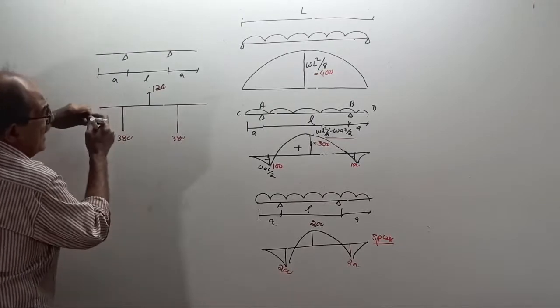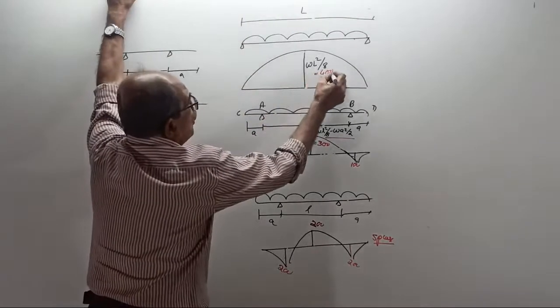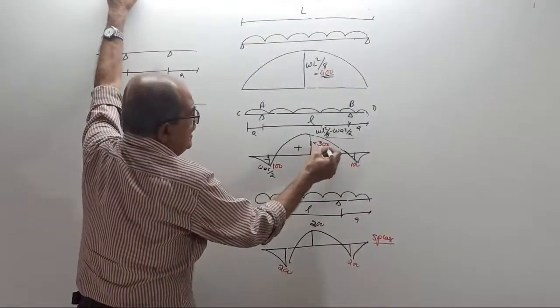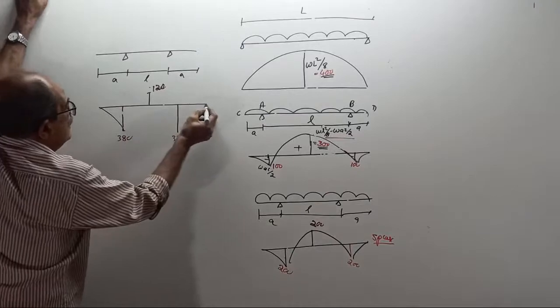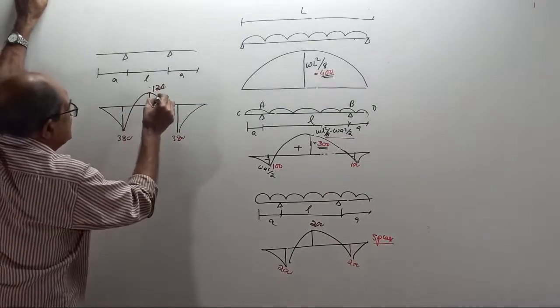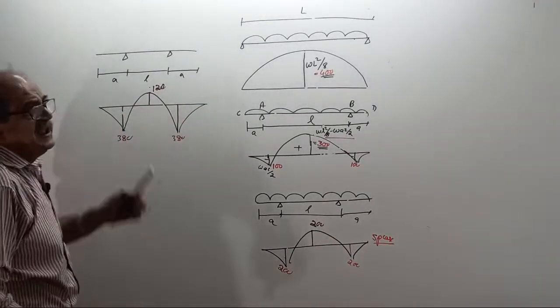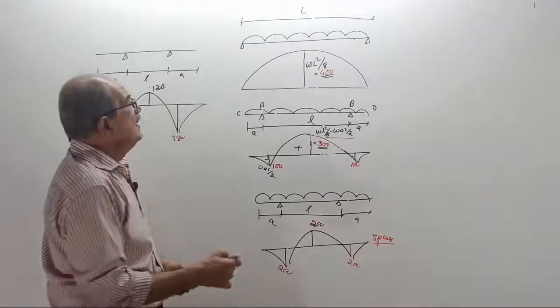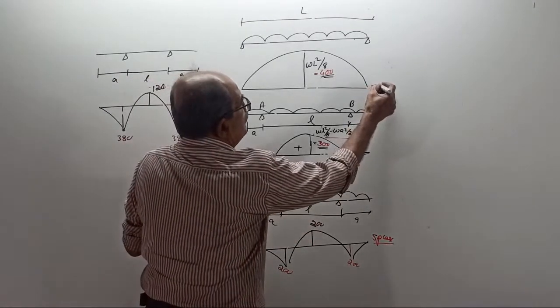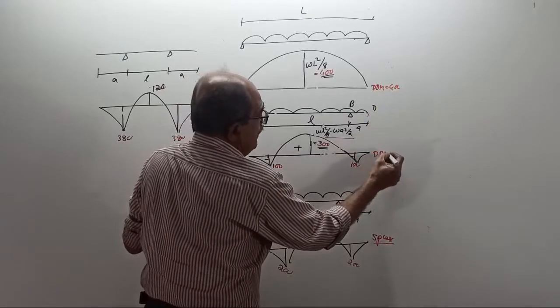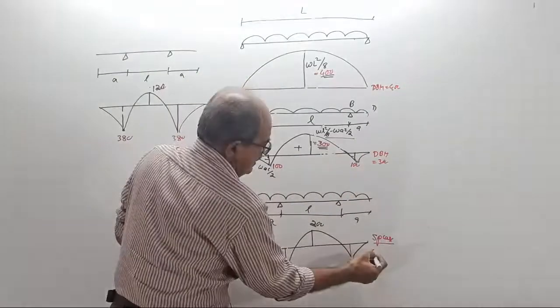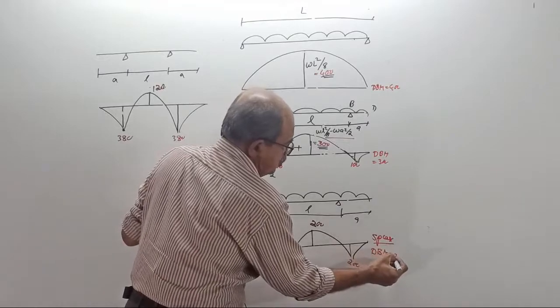Therefore, once again, see, design BM 400, design BM 300, design BM 200, again design BM. Tell me, now the sagging portion is lesser. Now tell me, design BM, you should write yourself: DBM 400, DBM 300, DBM 200.